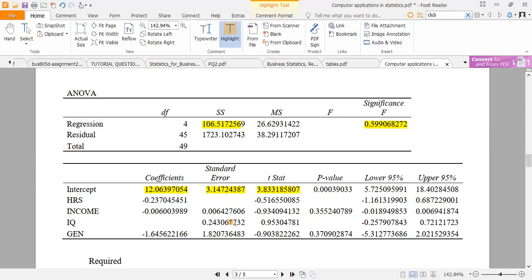You're going to get a beta of 0.231673. So the beta here will be 0.2316. So let me write it.